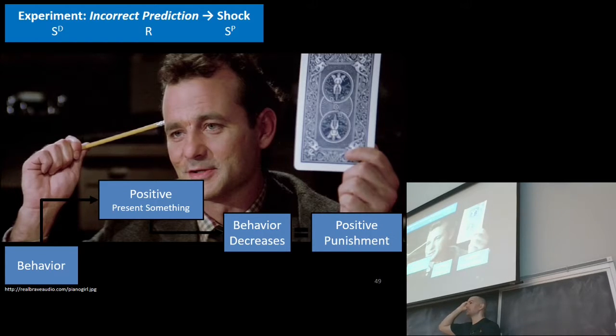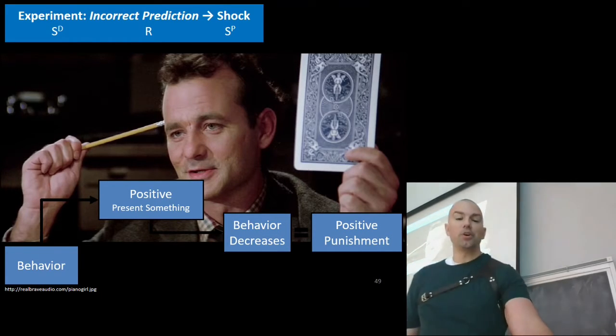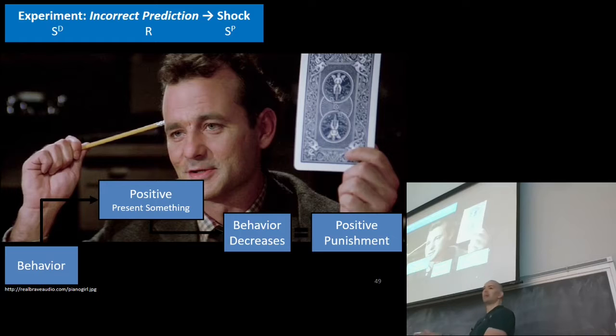It was literally like getting dopamine injected straight into your brain every single time they pressed the bar. And these rats would just go crazy pressing these bars. They would just sit there pressing the bar, and you couldn't distract them from it.